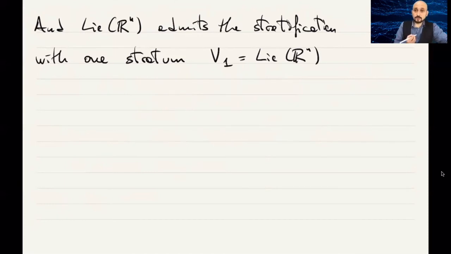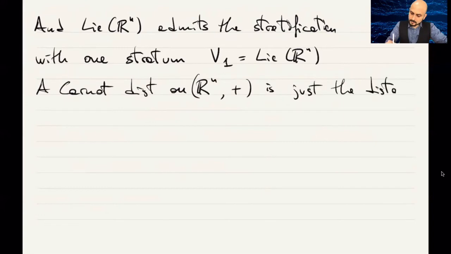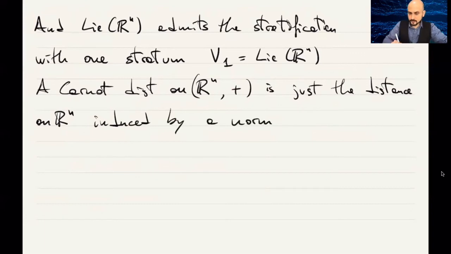Okay, what is a Carnot distance on this Carnot group? A Carnot distance on Rn, where by Rn I mean Rn with the sum, is just the distance function induced on Rn by a norm on Rn.